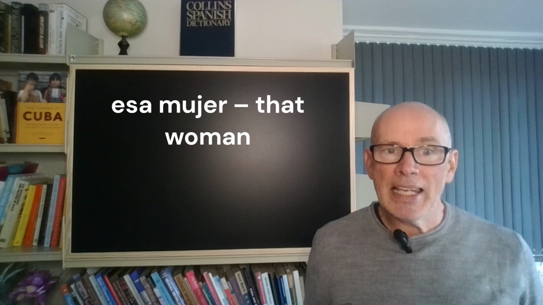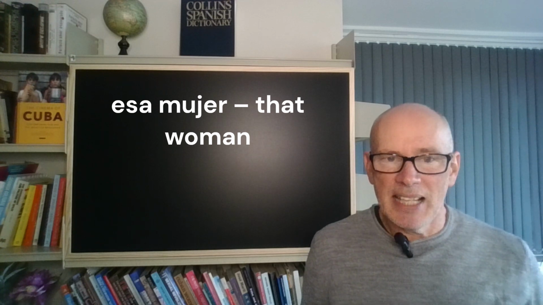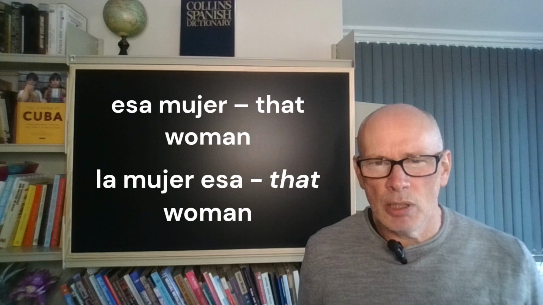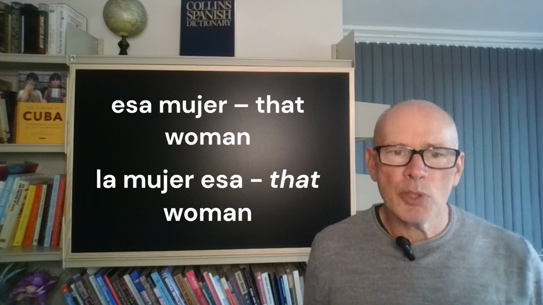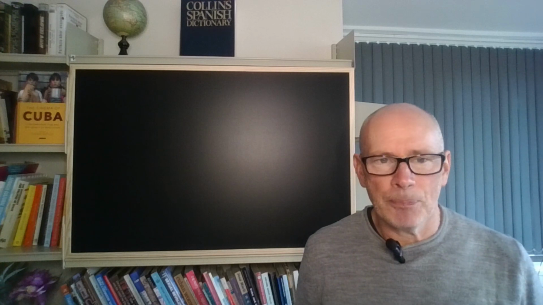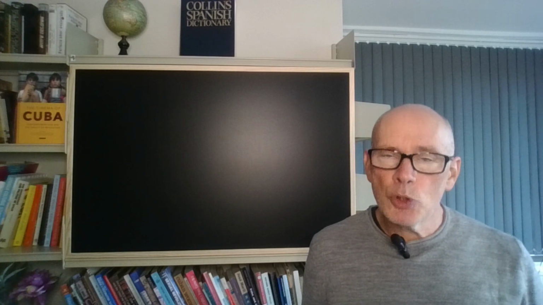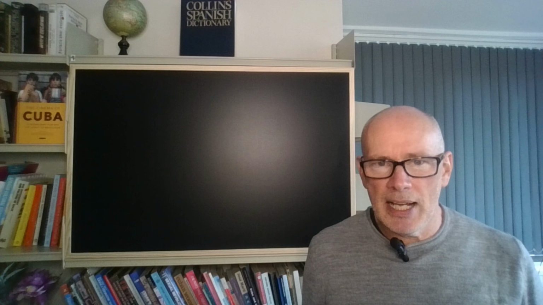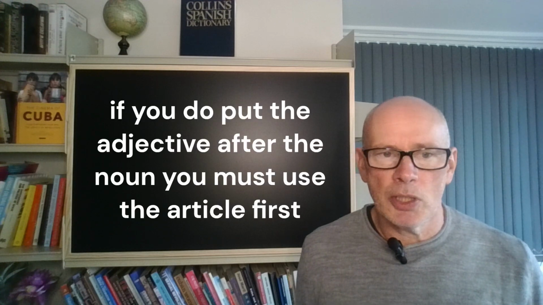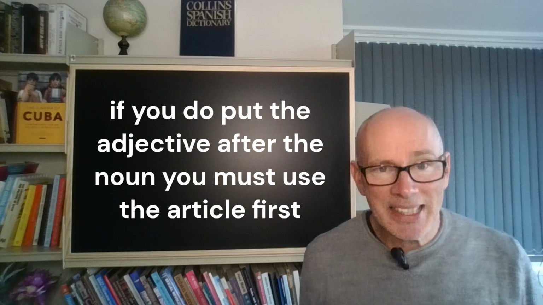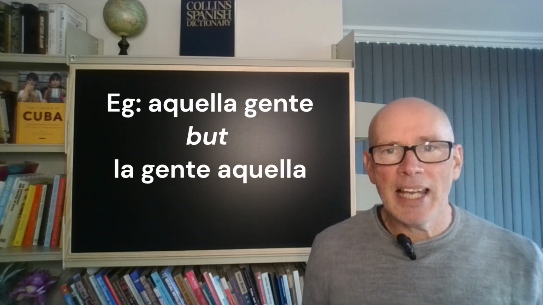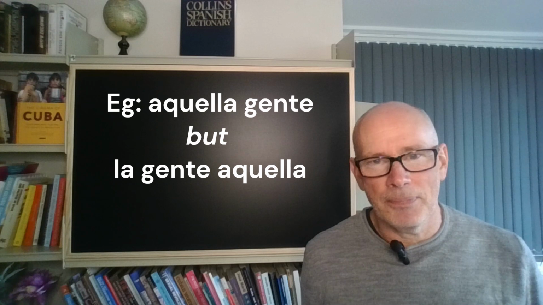If you say la mujer esa, that sounds like you are being critical of her, that woman. So be careful if using it that way in spoken language. But if you do put the adjective after the noun, you must use the article first. So you can say aquella gente, but you have to say la gente aquella.